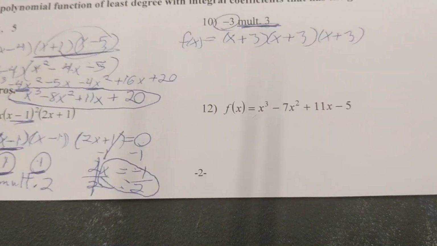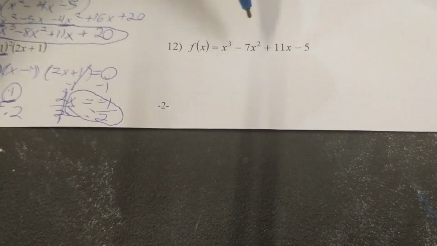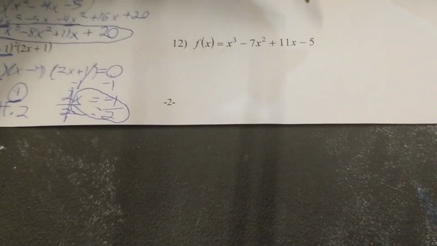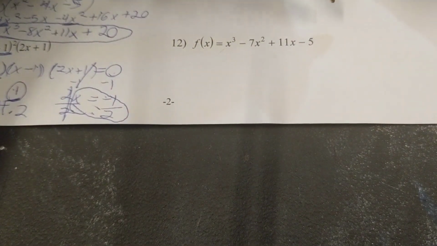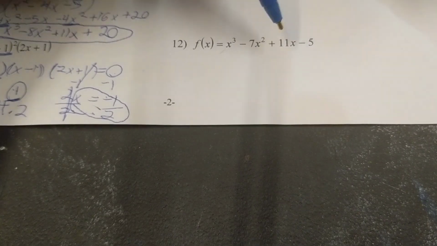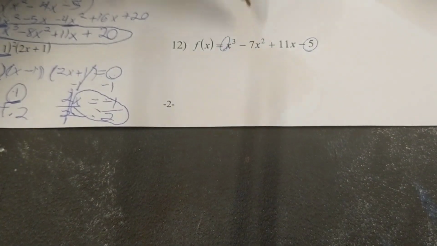Same challenge here. We're supposed to find the zeros, but it's not as obvious how to do it because it's not factored. And so it'd be cool if we could just factor this thing. It's third degree, but they're hard to factor unless you happen to see something special by grouping or something. And so we might have to go back to, let's see, what goes into 5 over what goes into 1, I guess.